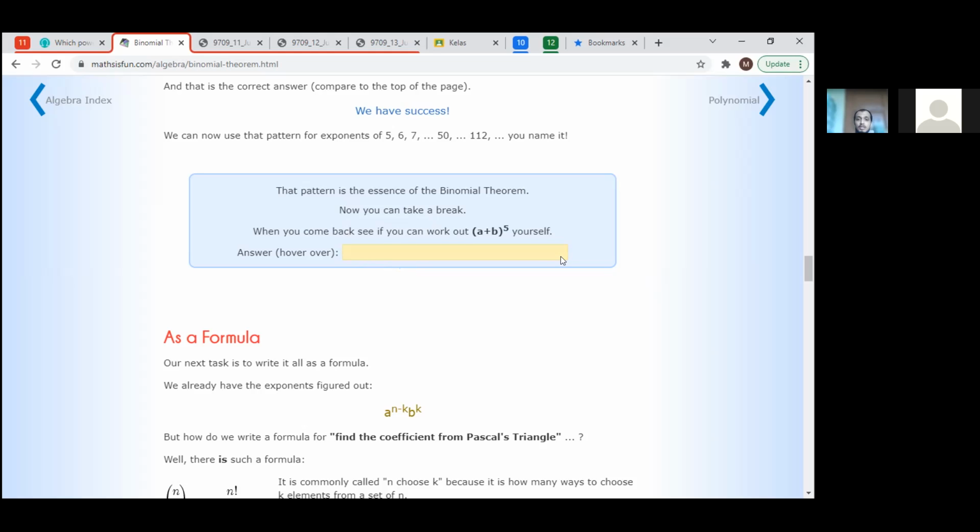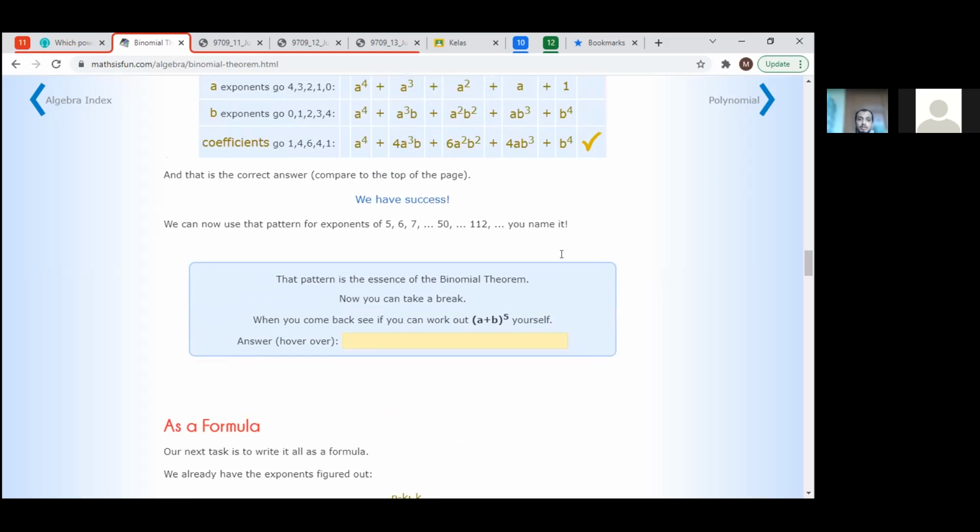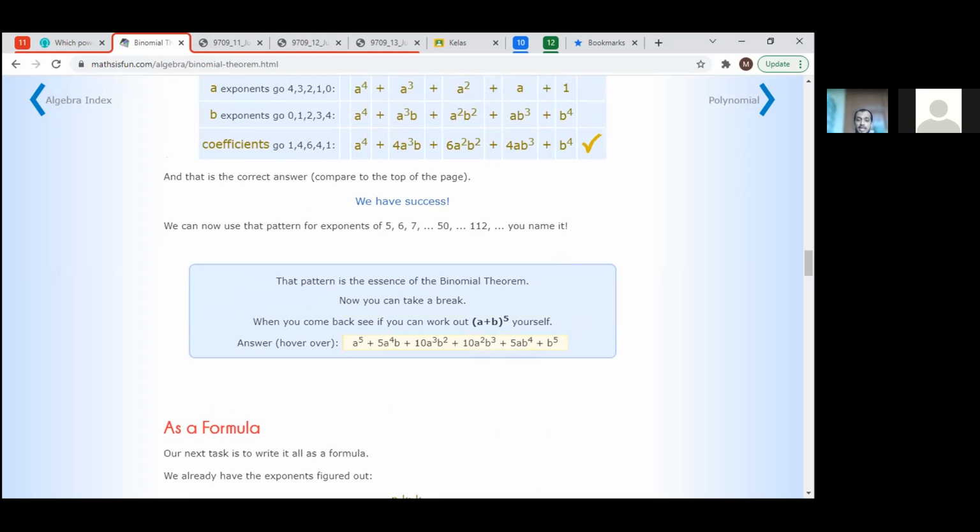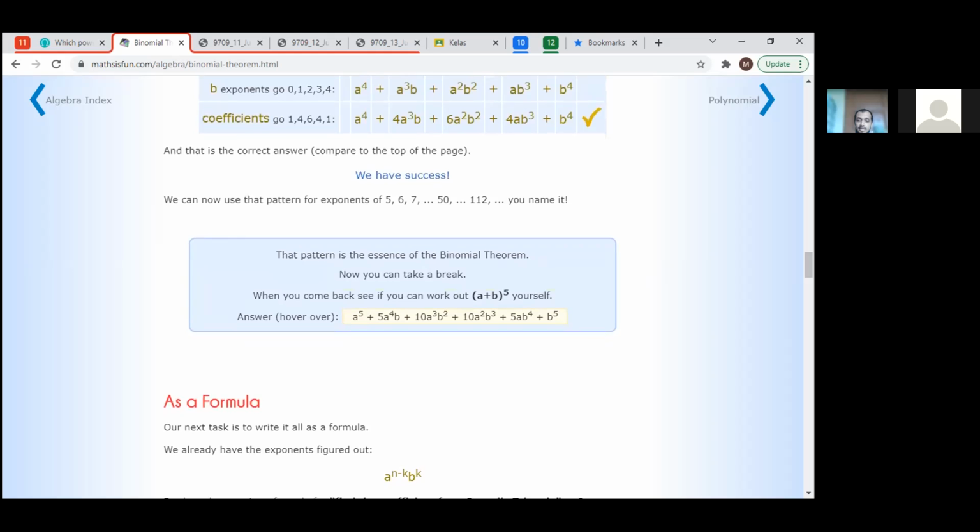So in power of 4, the sum of all powers is 4. In power of 5, the sum of the powers is 5. So a to the power of 5, this is 4 and 1, so again 5, 3 and 2, so again 5, 2 and 3, 1 and 4, and 5. So for all terms, the powers will always add up to 5.